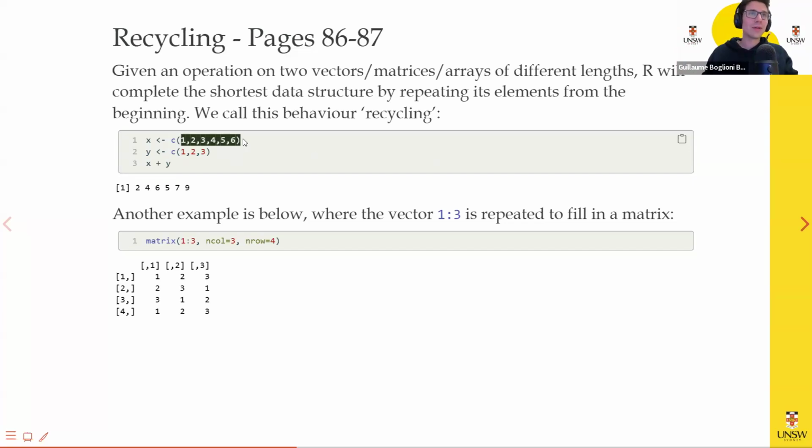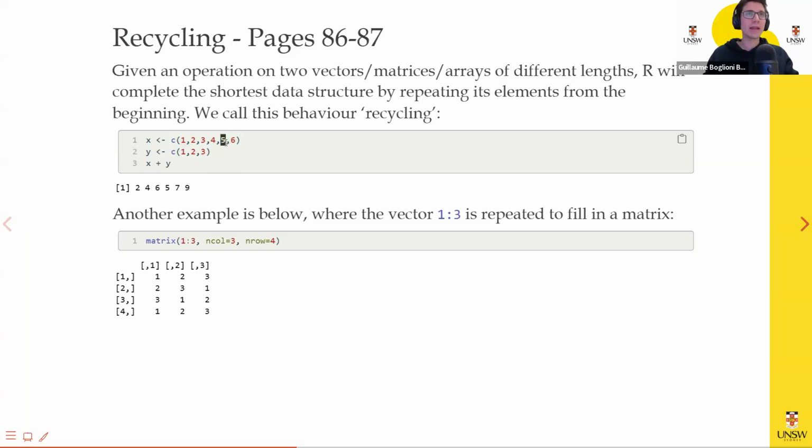So X has 6 elements. If you add Y, it's fine for the first 3 because 1 plus 1 is 2, 2 plus 2 is 4, 3 plus 3 is 6. But now it wants to add something to 4, and Y has nothing in position 4. It's going to recycle the old values and start again from the beginning, completing Y with another 1. So 4 plus 1 is 5.